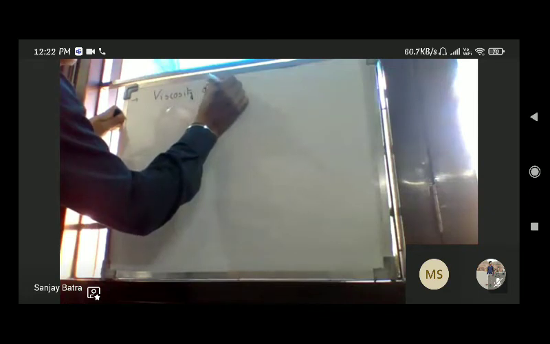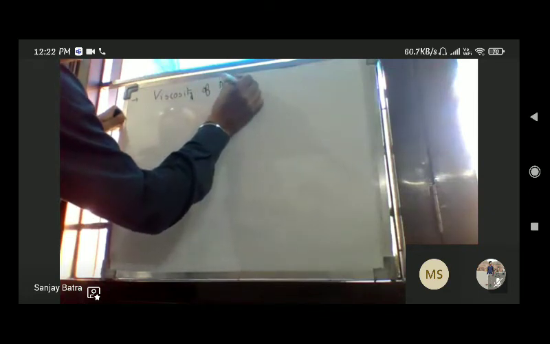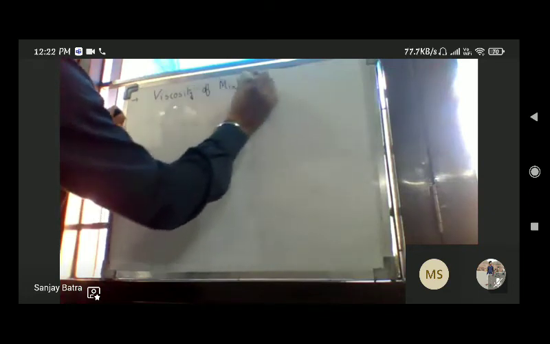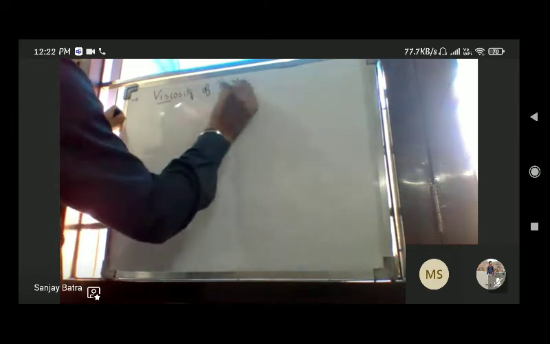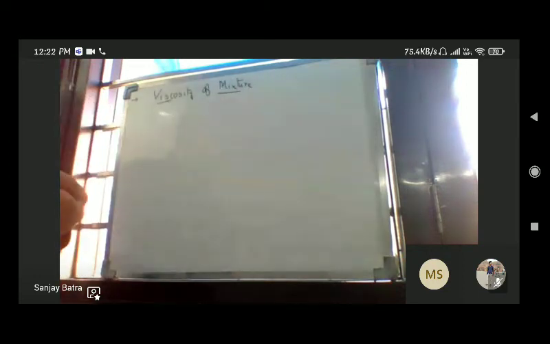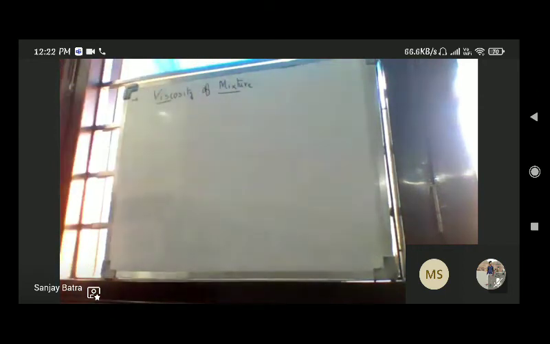Now we have the last point of viscosity. इसको बोलते हैं viscosity of mixture. This is a mixture of two liquids. Okay, you might have heard about Raoult's law, which talks about pressure exerted by a mixture of two liquids. पढ़ा है ना सब लोगों ने?